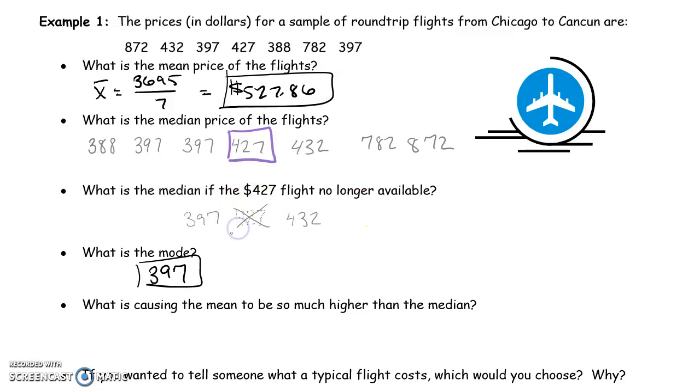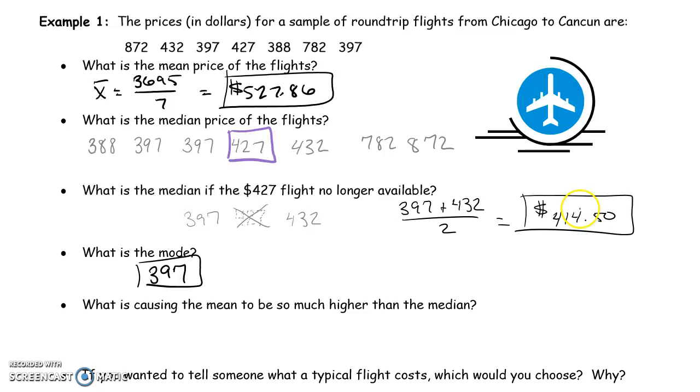Okay, that's gone. Now what's the median? Well, we have two middle terms then, the $397 and the $432. That would result in a new median of $414.50.